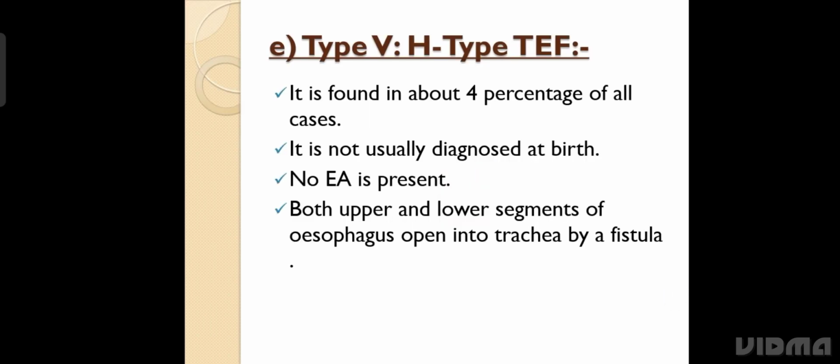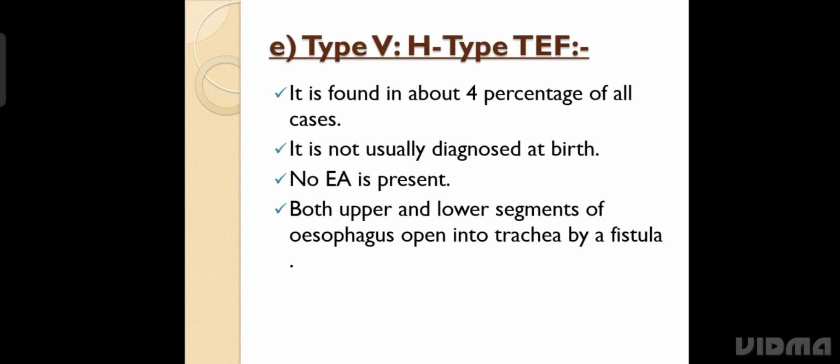Now we will see type 5, that is H type of TEF. It is found in about 4% of all cases, and it is not usually diagnosed at birth. Here there is no esophageal atresia. But both the upper and lower segments of the esophagus open into the trachea by a fistula.